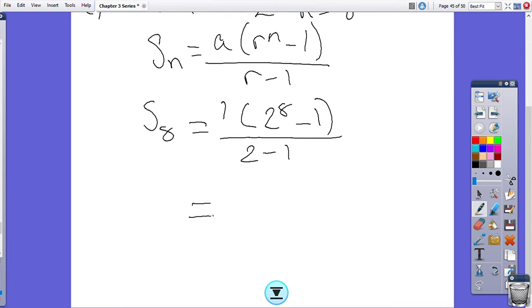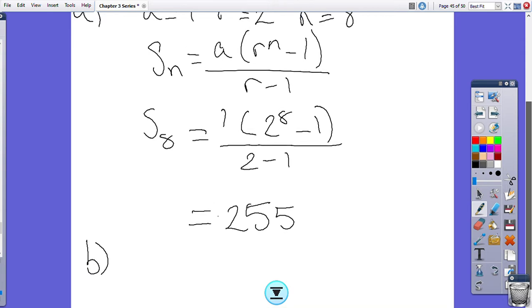If you do that, you get 2^8 subtract 1, which gives 255. Of course, the 2 minus 1 on the bottom just goes to 1, so that's okay. All right, and then part B.